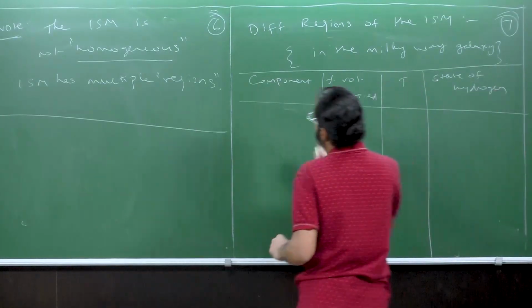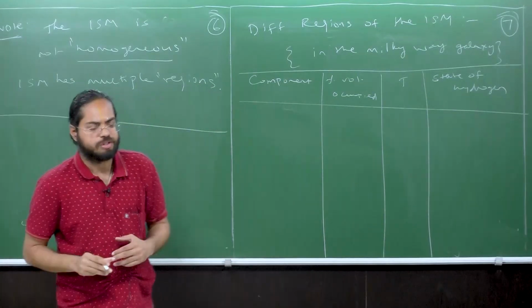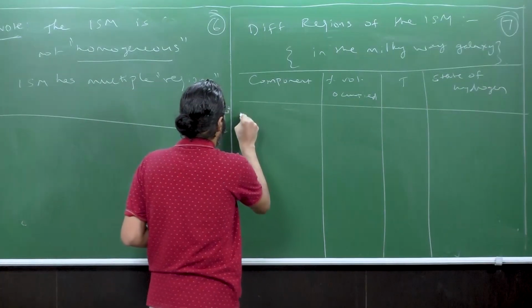Okay, so these are the 5 components. The first significant region is called a molecular cloud.